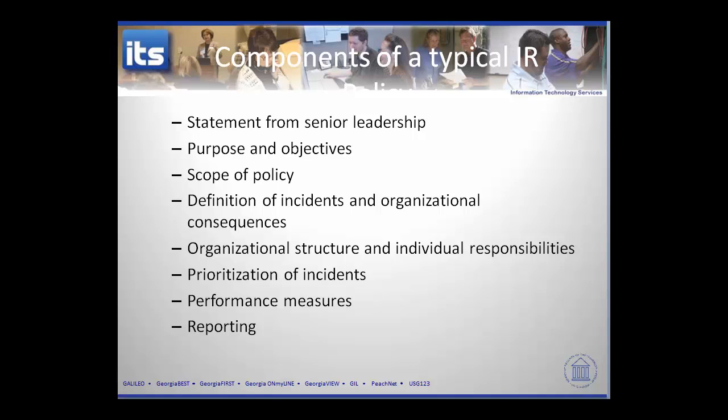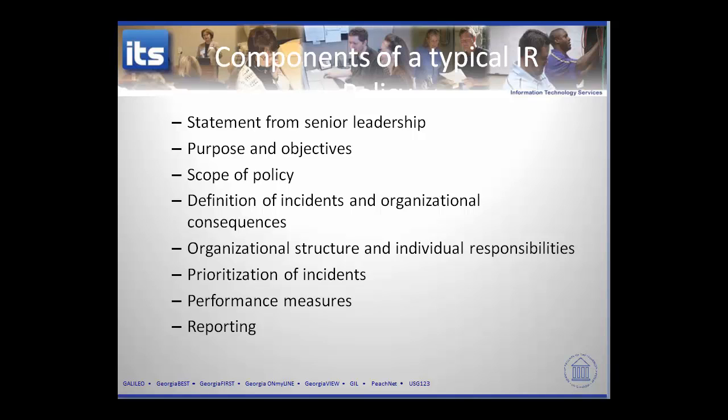And then what reporting is going to occur during an incident. So at what point do you bring senior leadership in? At what point do you bring the CIO in, or even the CISO in? It may be that within a large team, certain incidents are handled at a much lower level. So again, this gives you the components of a typical incident response plan.